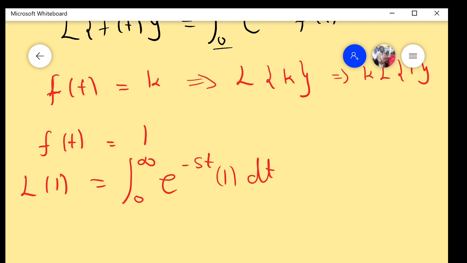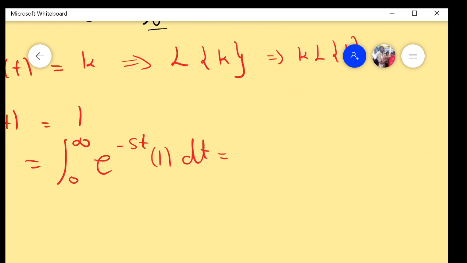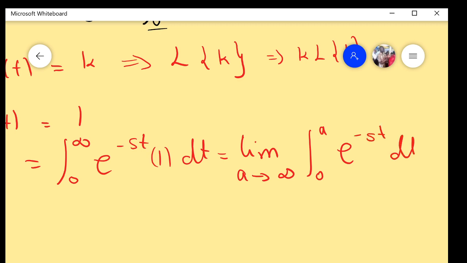If you remember, for an improper integral, this could be written as the limit as a approaches infinity of the integral from 0 to a of e to the power minus st dt.